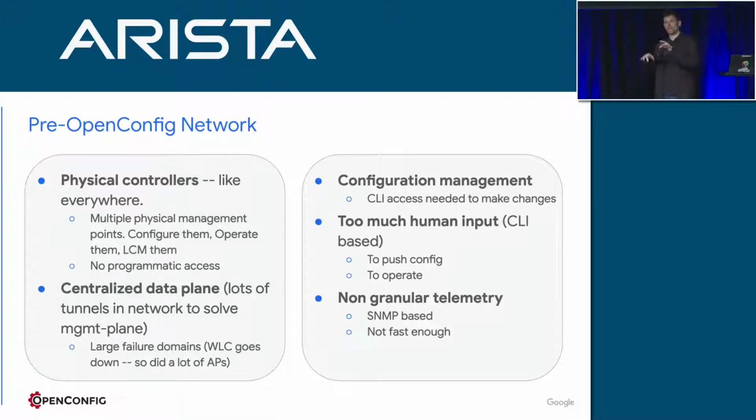In other words, we didn't want to hand configure 10,000 or 20,000 APs one by one. That would be a nightmare. So we have these controllers, and we just have these profiles on controllers, and then we can configure the APs a lot faster and easier. But that's a management plane problem, not a data plane problem. So why build all these tunnels all over your network and have this additional gear to maintain to solve a management plane problem?